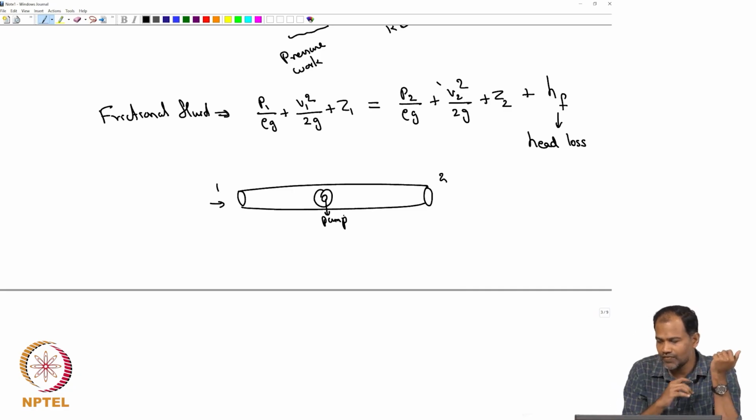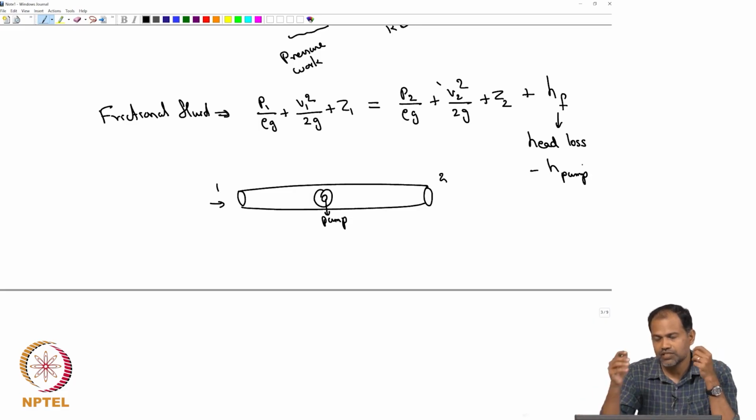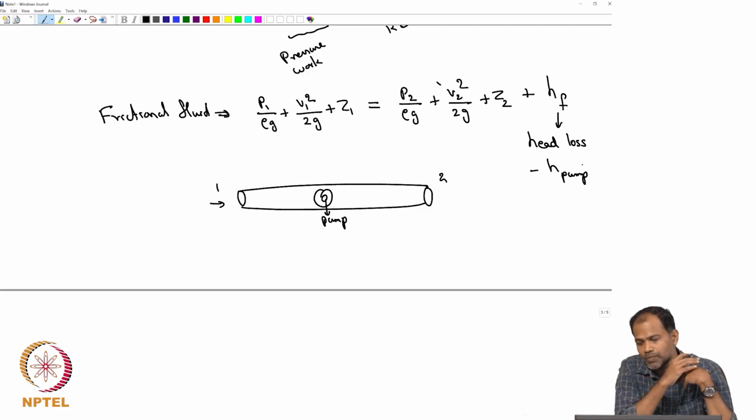So, one way of writing it is that you have an HF, then minus H pump, because HF is the loss in energy, while the pump is going to give you energy into the system. So, you can again talk about a pump head, or head thanks to the pump. That energy that is input into the system, you can call a pump head.